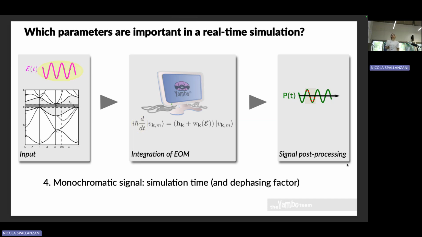And then if you have a monochromatic signal, the simulation time is important. I will explain later that we need to introduce the phasing factor, and depending on this phasing factor, you should wait before you do your Fourier transform of the system to get the harmonics.